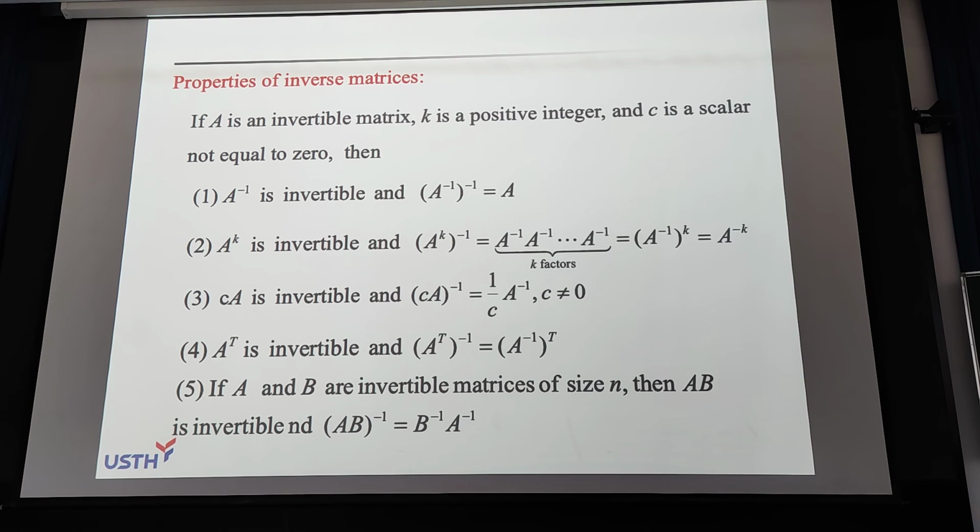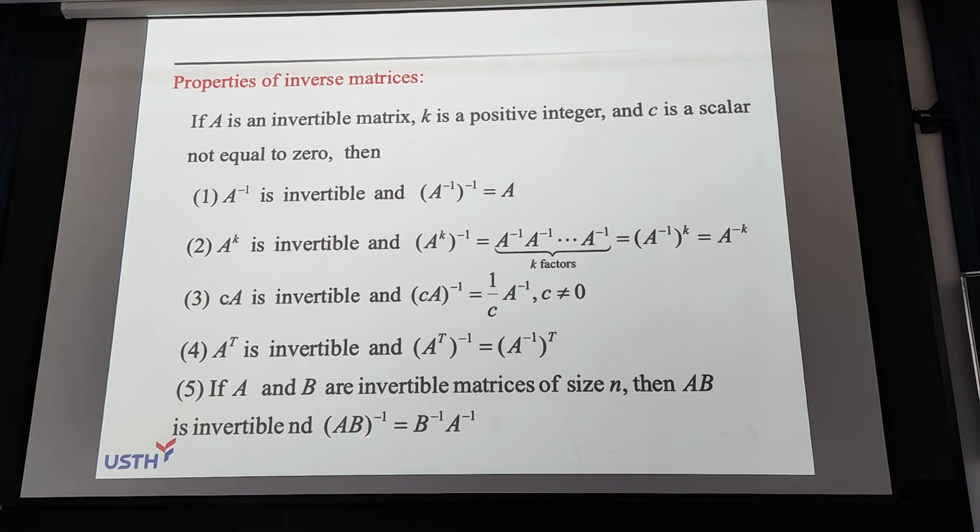And the last property looks like the property of transpose. That is, if A and B, both of them are invertible of the same size, then the product AB is again invertible, and the inverse of AB equals B inverse multiplied by A inverse.